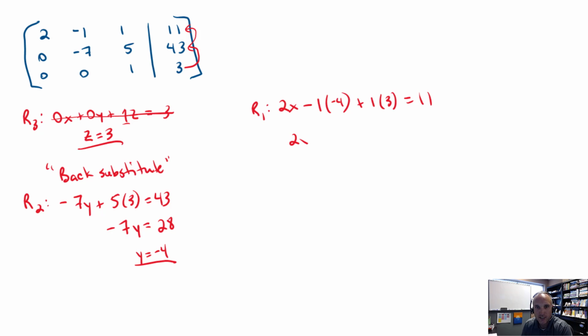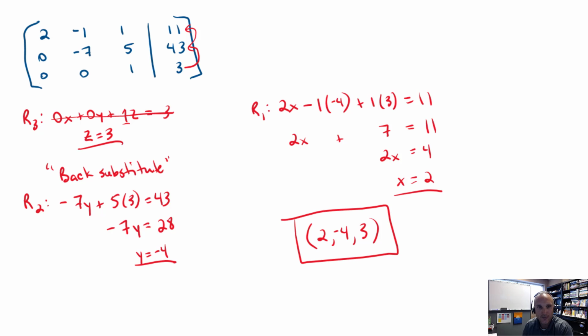So we have 2x plus 4 plus 3, so 2x plus 7 equals 11, which means that 2x is 4, which means that x is 2. And so the solution here is the ordered triple, where x is 2, y is negative 4, z is 3.